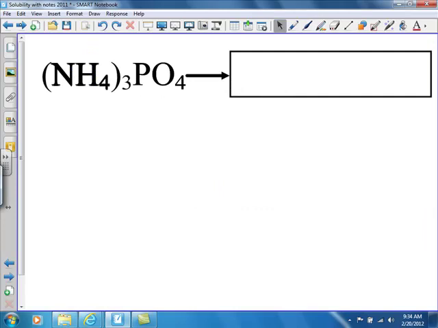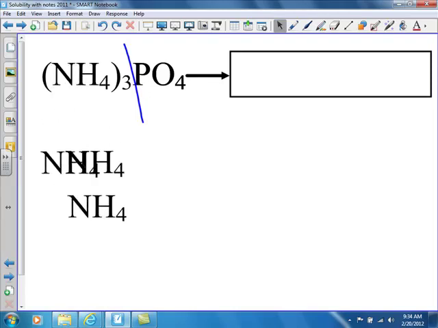Okay? Now, let's look at a fun polyatomic ion here. Fun equation. Okay, this would be ammonium phosphate. How would this break apart? And hopefully you would see that the two polyatomic ions would break apart. But how many ammoniums are you going to get out of this? And hopefully you see, because of this little 3 down here, you're going to get 1, 2, 3 ammoniums, all that have a plus charge.